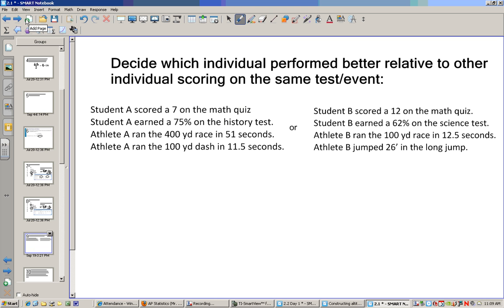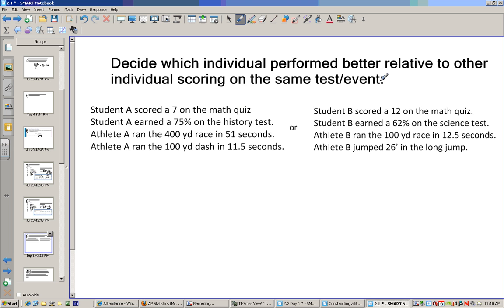All right. We need z-scores to compare things that don't seem like they're very related. So if I wanted to see who did better, if student A scored 7 on a math quiz and student B scored 12 on the math quiz, if it's the same math quiz, that's easy to compare those values. Student B did better.